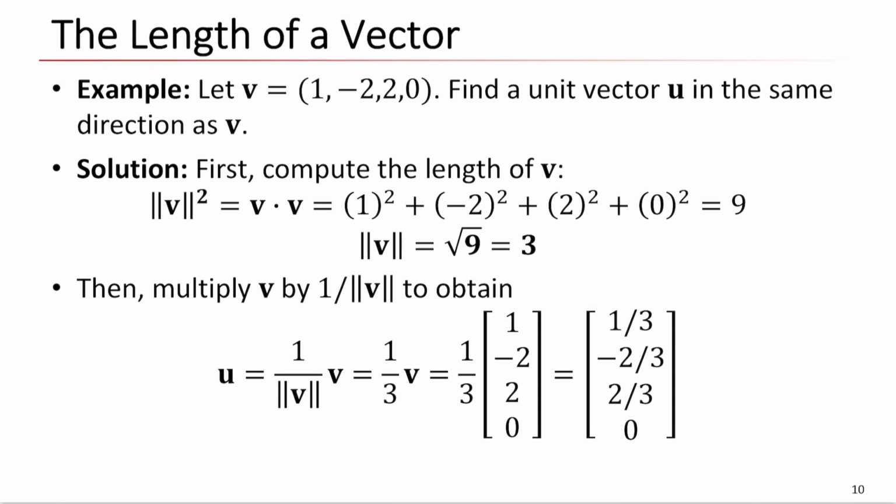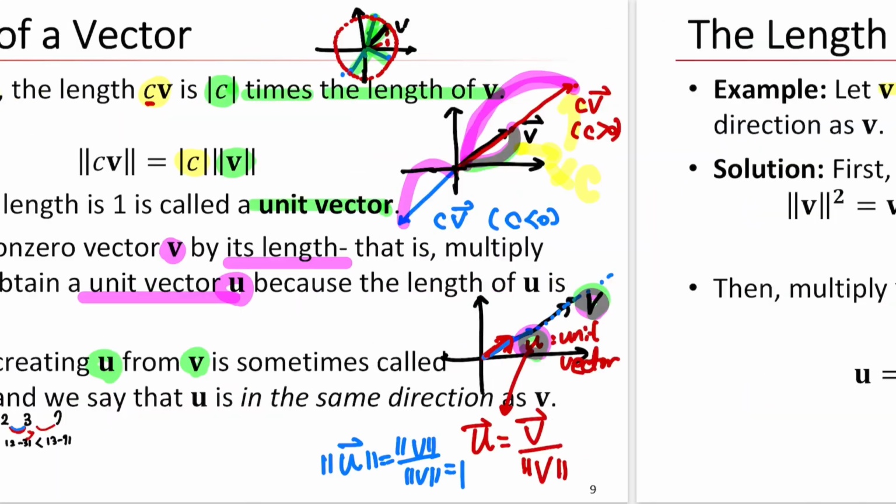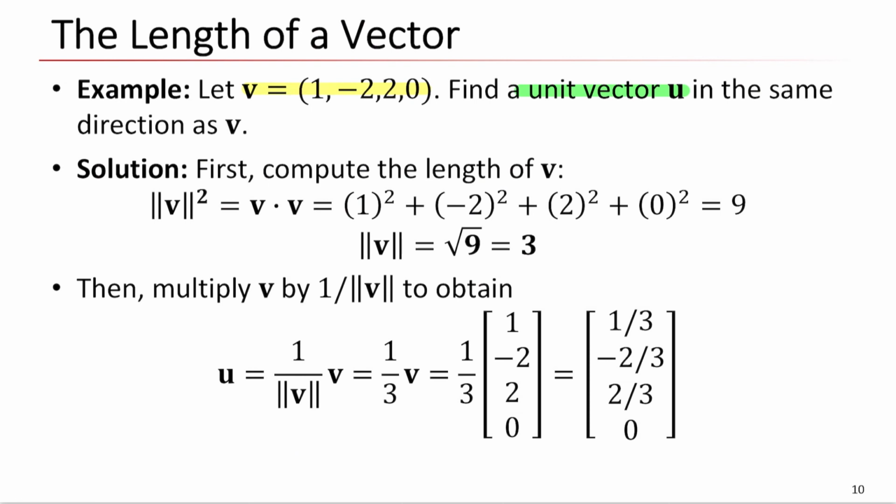Before that, let's see one more example. Let's say we have a vector v equal to 1, negative 2, 2, 0, right? The problem is to find the unit vector u in the same direction as v. Let's do that.